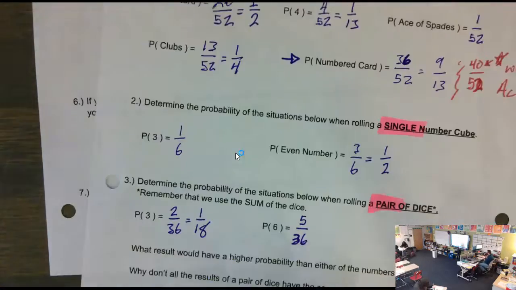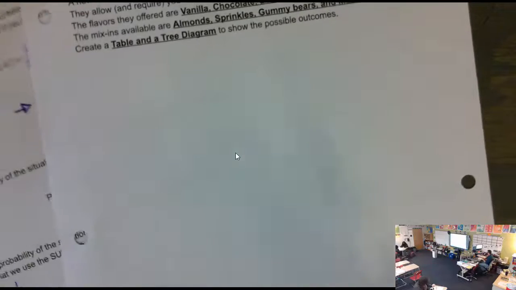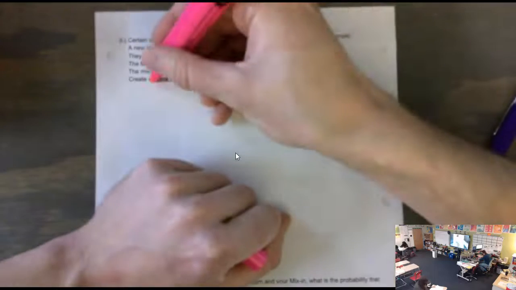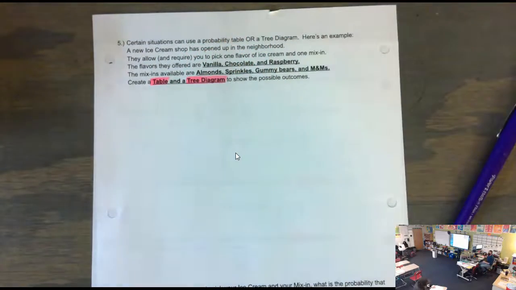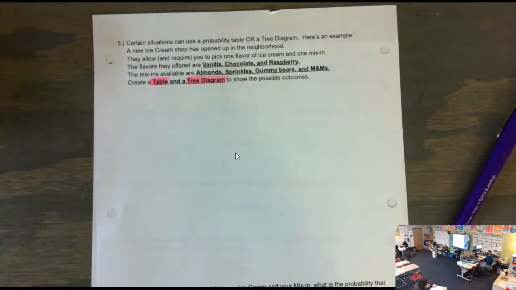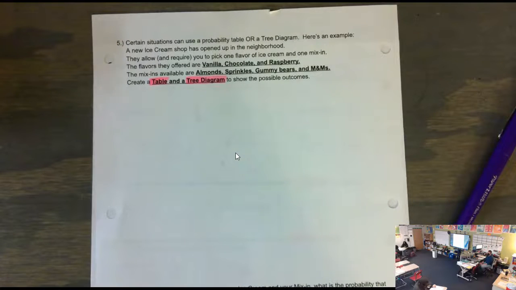On the back, notice how I haven't really done this for you because I don't want to. You should have a table and a tree to show the probability of this situation. If you do not, you need to make whatever you're missing.